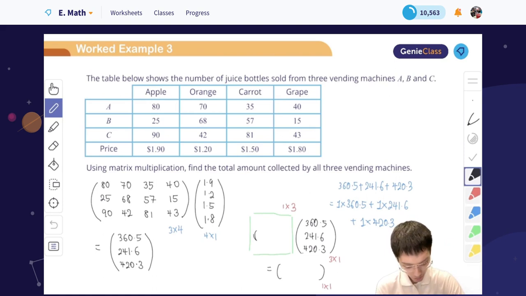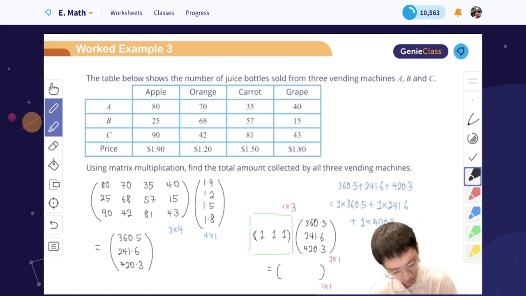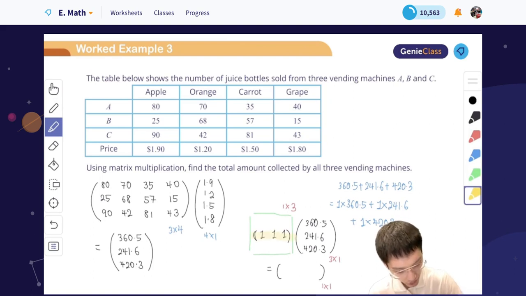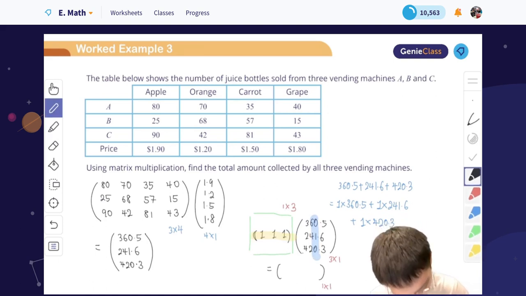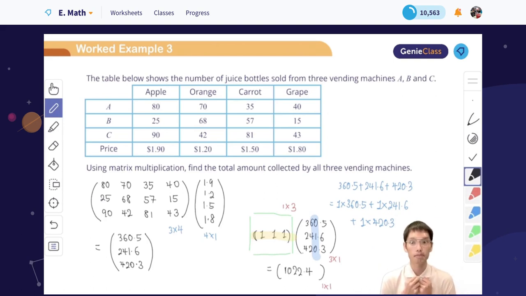How will you picture it as a multiply? This, and this. Because row by column, multiply, it will give you the number 1022.4. Right, so this is how you get it from there. Understand this is a little bit hard, while I do this because they say using matrix multiplication.